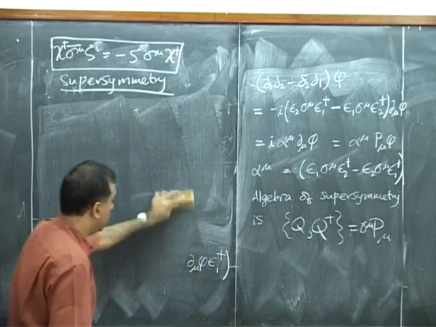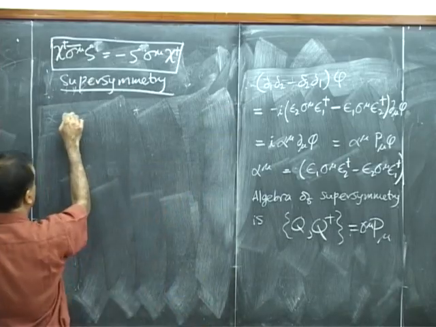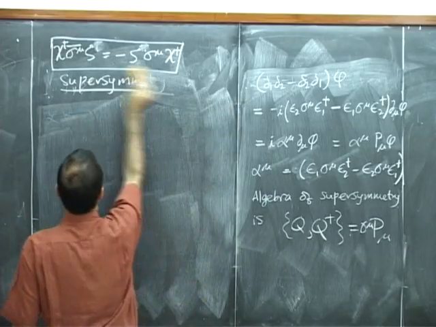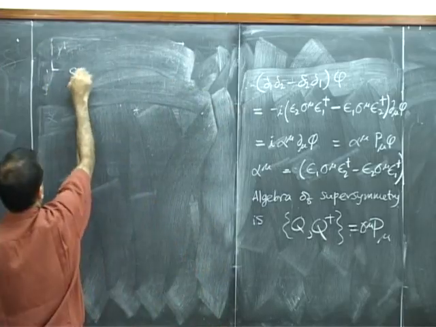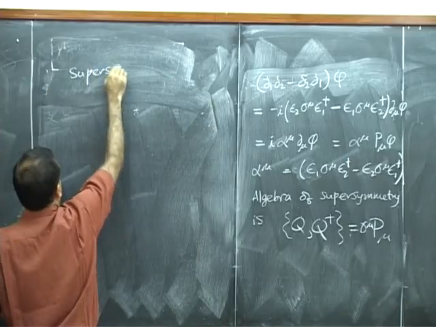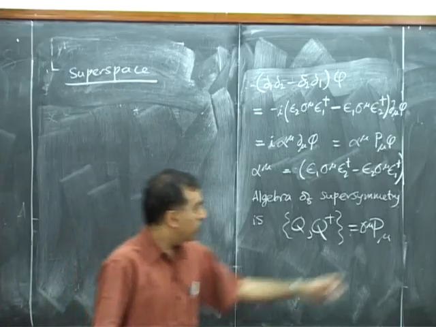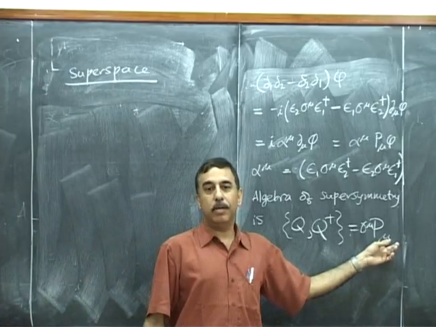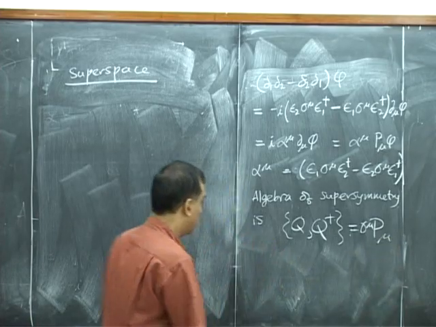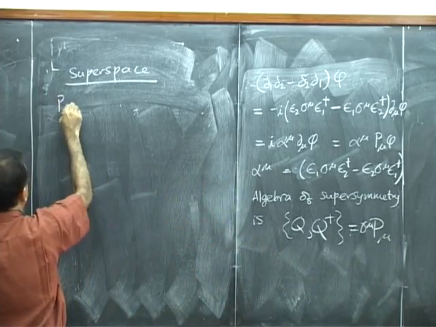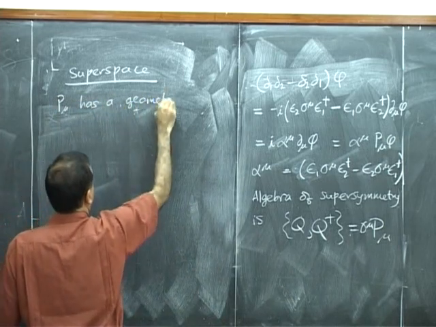Now we are going to use this as motivation to set up a structure where supersymmetry is manifest, and that structure is called superspace. So what we are going to do is think about the problem like this. We know that the right side has a geometric meaning. It's a translation in ordinary space-time. So p mu has a geometric meaning.